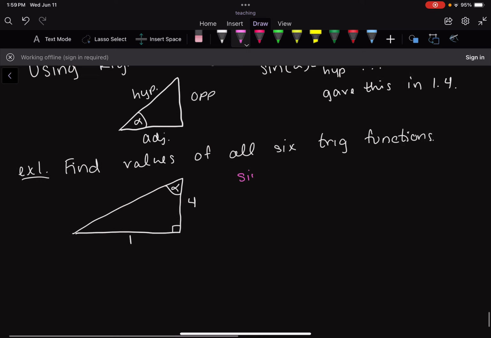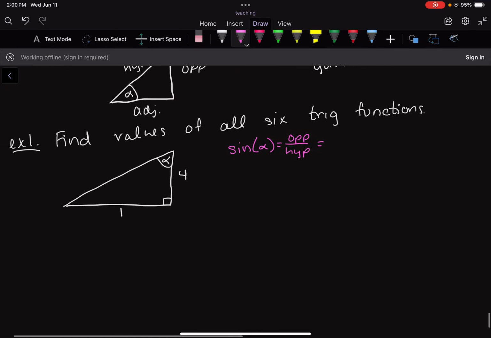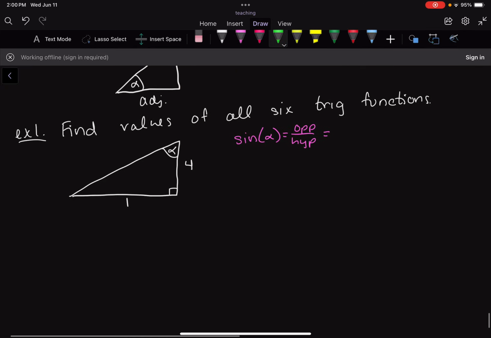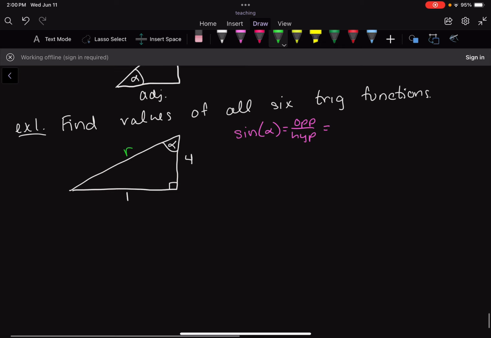So if I'm looking for sine of alpha, that's going to be opposite over hypotenuse. Well, I don't know the hypotenuse right now, but I can go get it. So let's call this C, or we could call it R if you'd like, whatever you feel comfortable with. But we're going to use the Pythagorean theorem to get the hypotenuse.